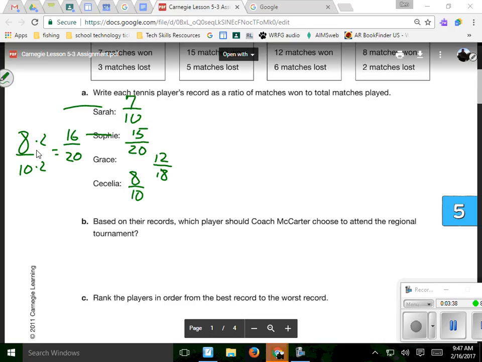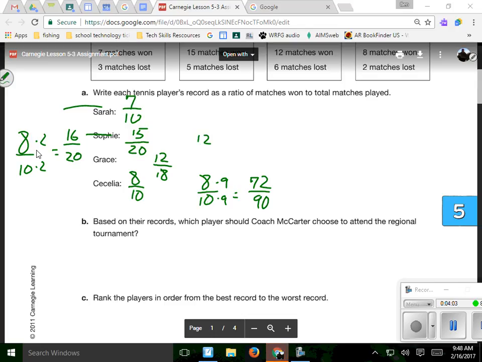What do we have to multiply? We got 8 over 10 to get 90 on the bottom. 9 times 9 times 9. We get 72 over 90. What do we have to multiply 18 by to get 90? 5.